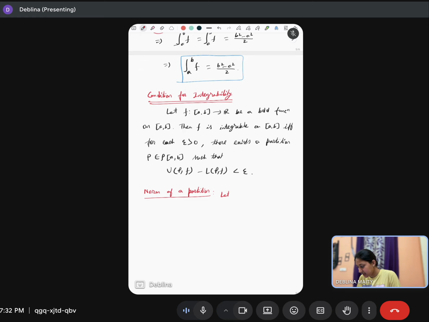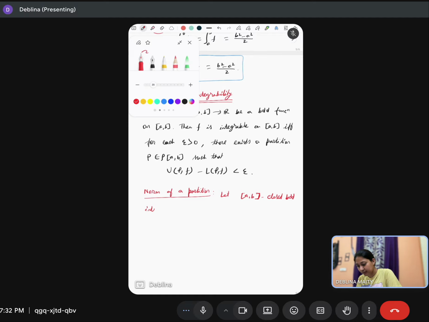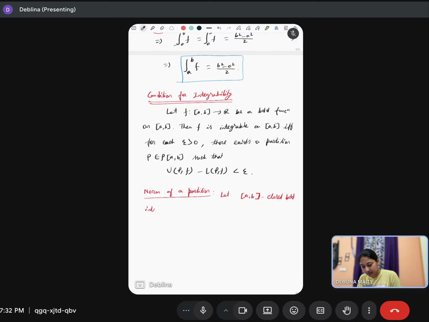So let this [a,b] be a closed bounded interval, and P be a partition of [a,b].